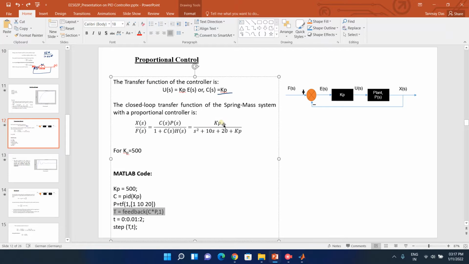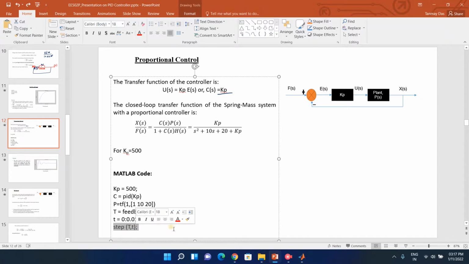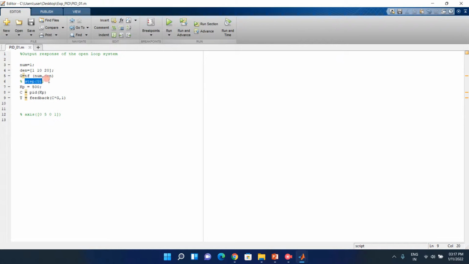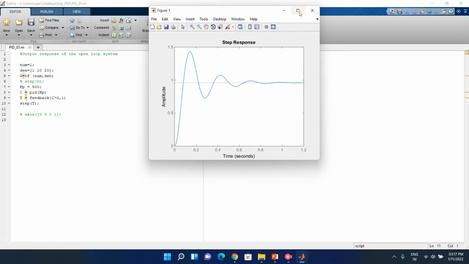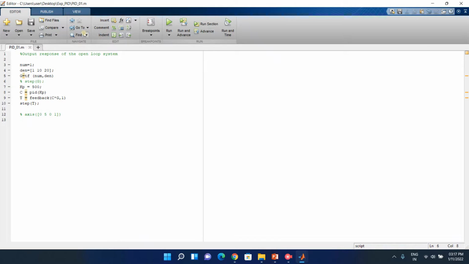Then we get 500 multiplied, KP is multiplied. Now if you write the step function here, step of T, these are the results. So previously, what was the result?